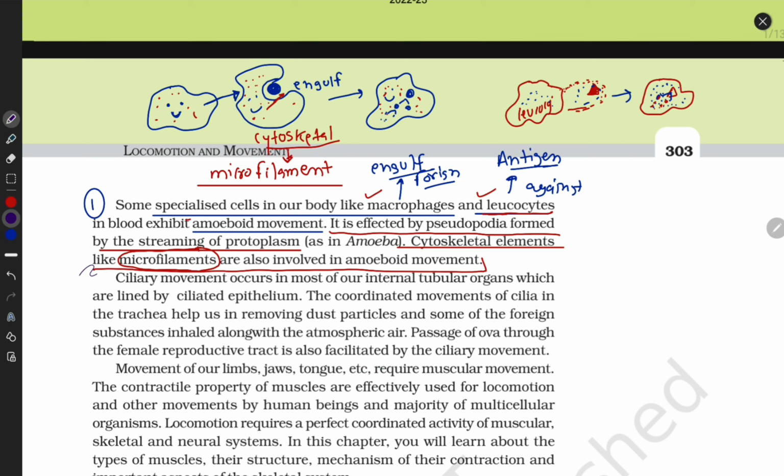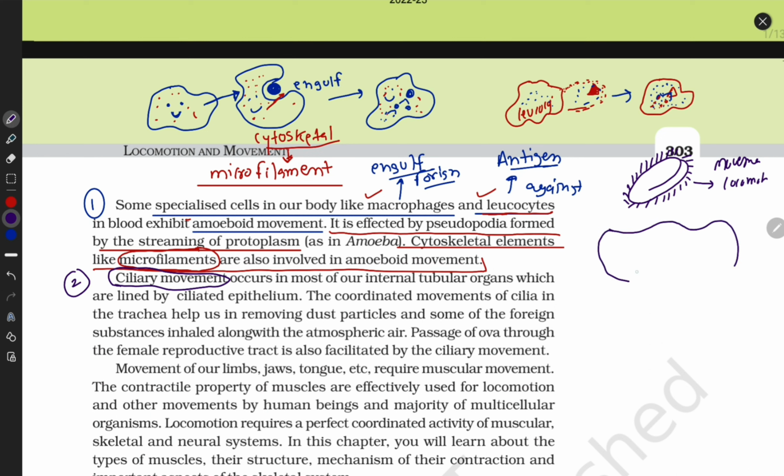Now, next, second is ciliary movement. We already discussed ciliary movement in paramecium. We discussed that paramecium has multiple cilia on its body surface, which are helpful in movement and locomotion. The female reproductive tract also has cilia.